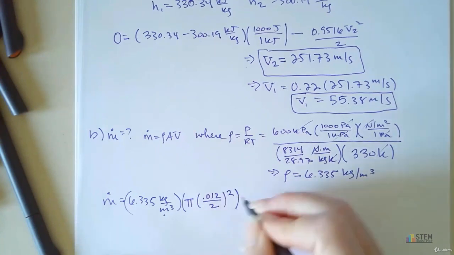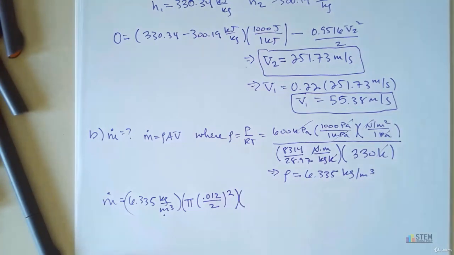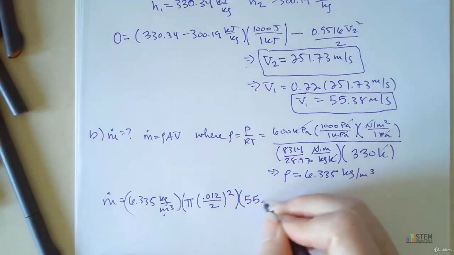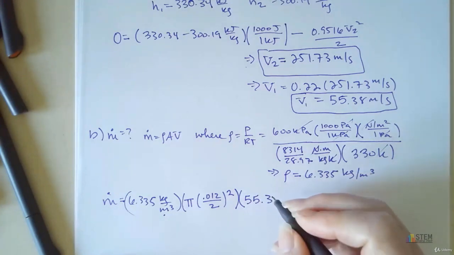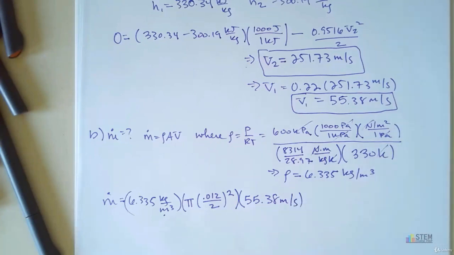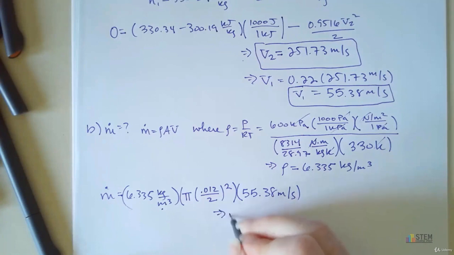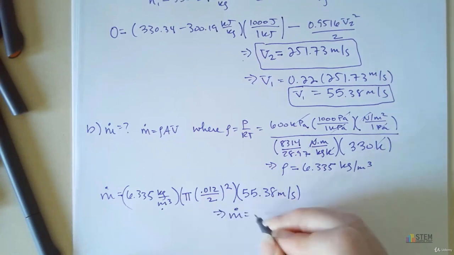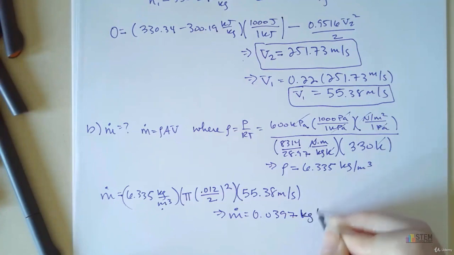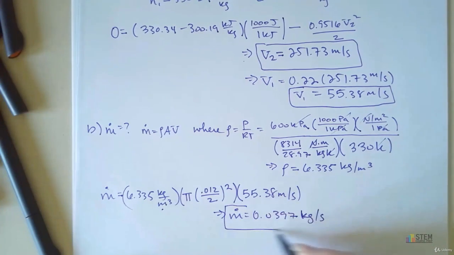Square that. Multiply that by velocity. And our velocity at that exit is 55.38 meters per second. So our mass flow rate is going to be 0.0397 kilograms per second.